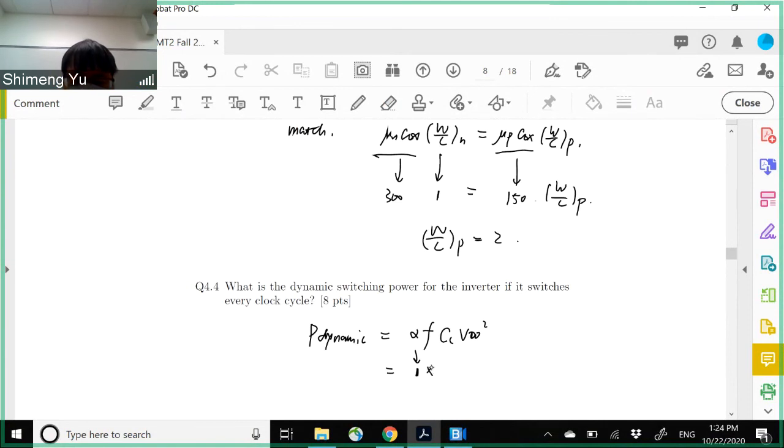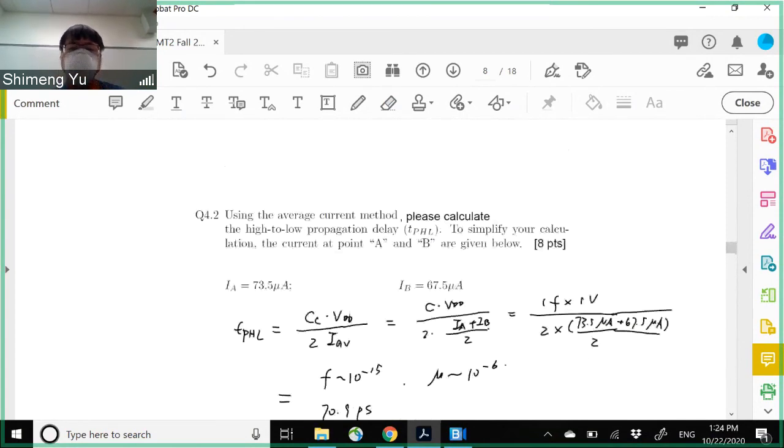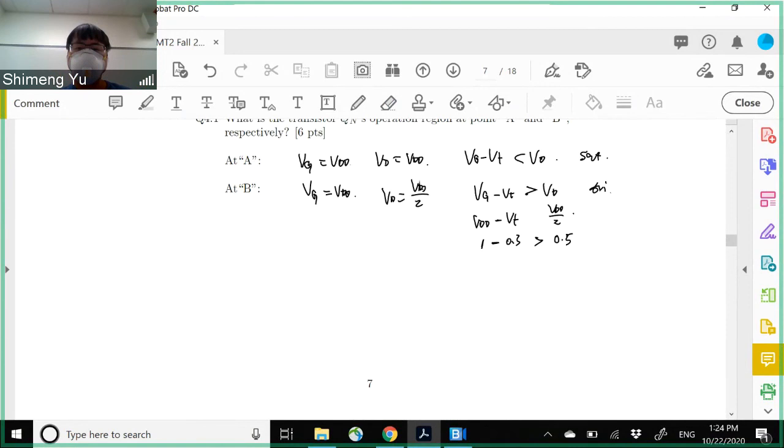And then F is the clock frequency. So it's 1 gigahertz given in the question. And C, I think it's 10 femtofarad, right? Let me see. So here, yeah, 10 femto. The clock is 1 gigahertz. Yes, 1 gigahertz and 10 femto.